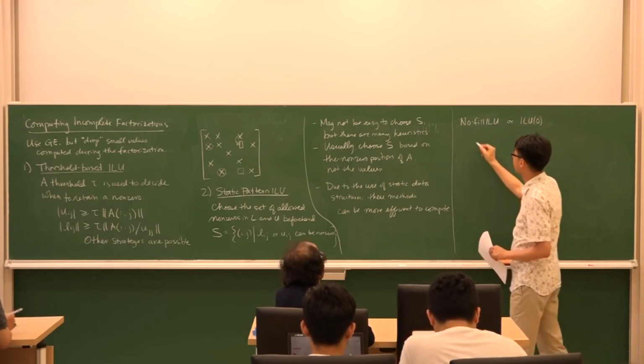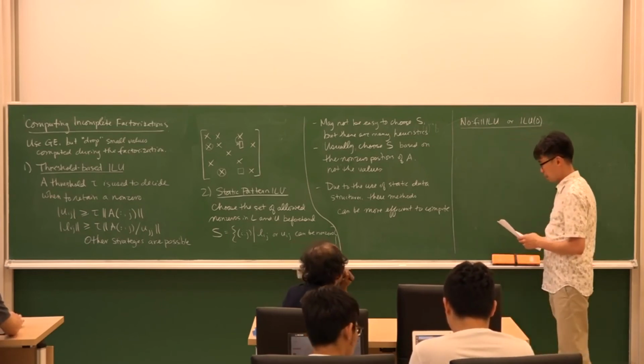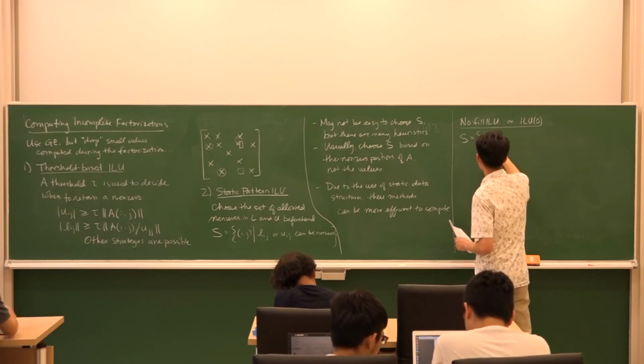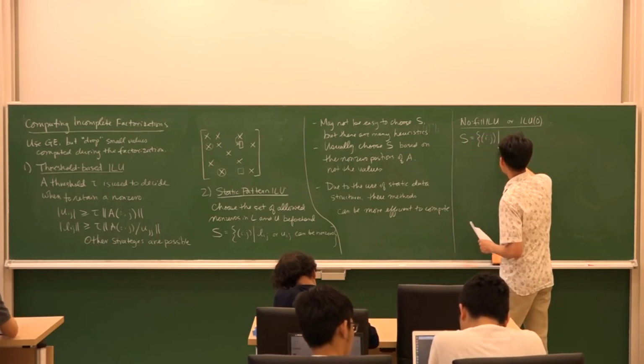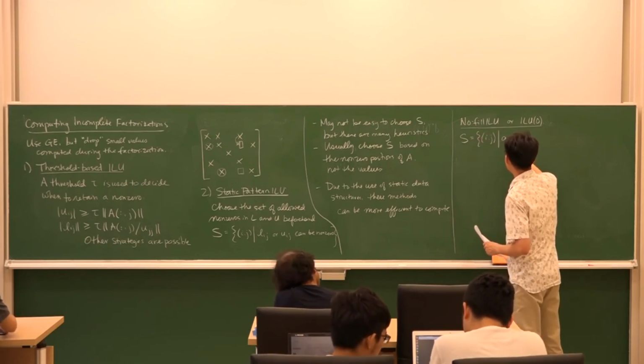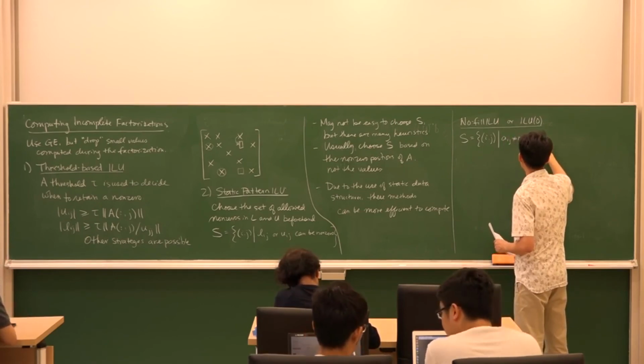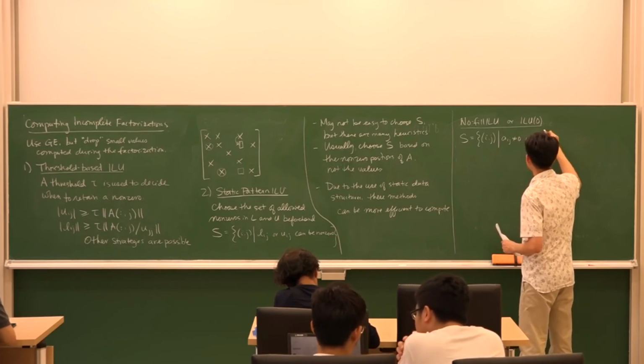So here, the set S is chosen as the positions ij such that aij is not equal to 0, or i is equal to j.